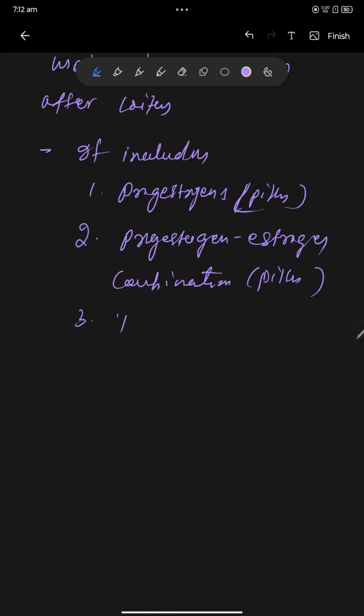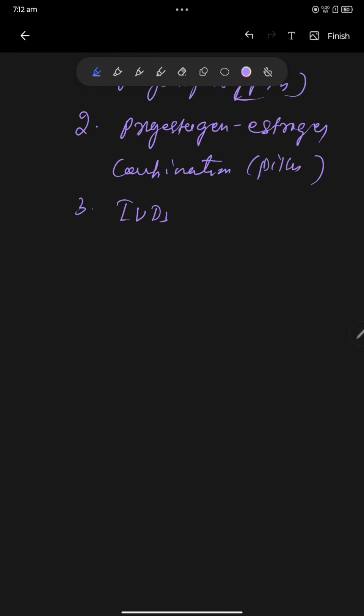Even IUDs can be inserted within 72 hours.